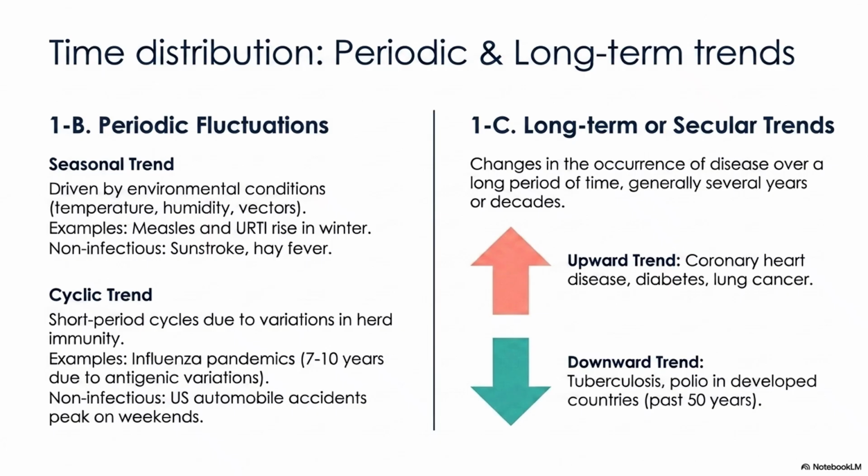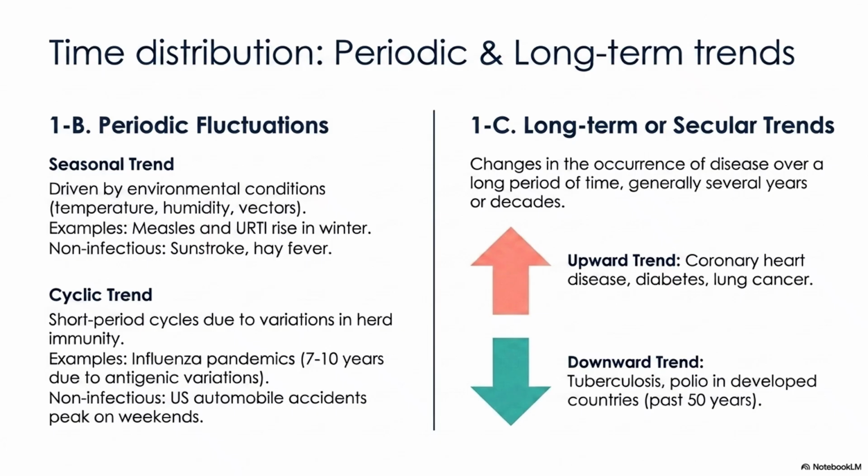Why? It is due to variations in herd immunity. Once an outbreak has happened, we are immune to that particular antigen. As most of the people are immune, this epidemic will not continue. After some time our immunity will be lower, or the agent itself will mutate and show different antigenic characteristics. We are immune to the old antigen, but not to the new antigen.